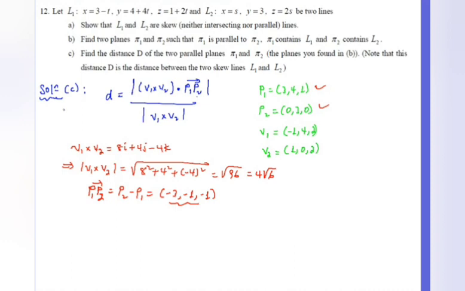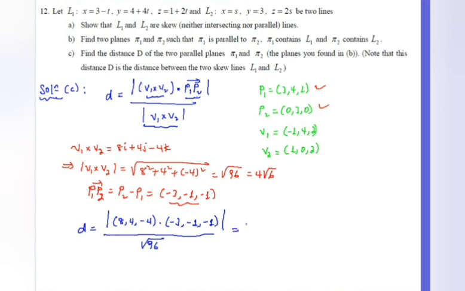The distance between the two planes, D, equals, in absolute value, the dot product of these two vectors, (8, 4, minus 4) with (minus 3, minus 1, minus 1), over the magnitude of V1 cross V2, which is radical 96, or 4 root 6.